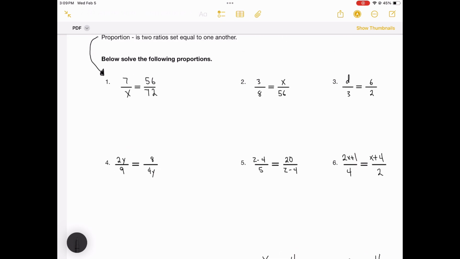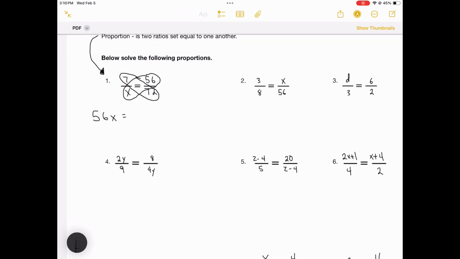All right, so we're going to solve the following proportions. And remember how you do these. Some people call it the butterfly method. Some people call it cross multiply. Either way, it's all the same in the end. And then I have to do 7 times 72, which is 504.